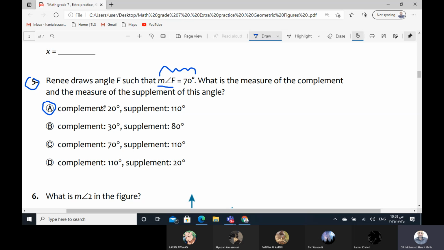The complement means the sum will be 90 degrees. 20 plus 70 is 90, so this is right. Supplement means the sum will be 180. 110 plus 70 will be 180. So this is the right choice. Okay?